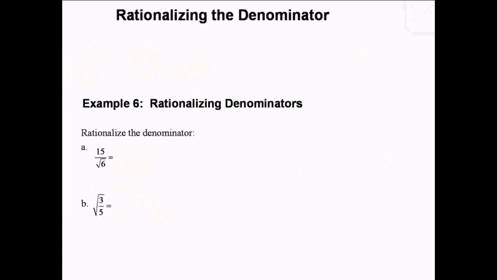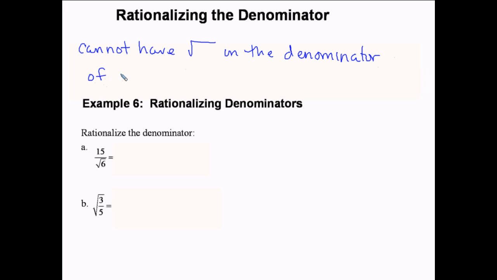And one of the big illegal things in math is you cannot have radicals in the denominator. Now the ones that we did yesterday where we divided, we were able to divide and then simplify, and that took the radical out of the denominator, and that was okay.